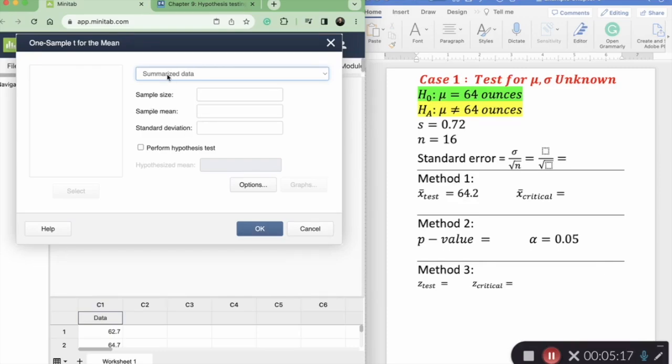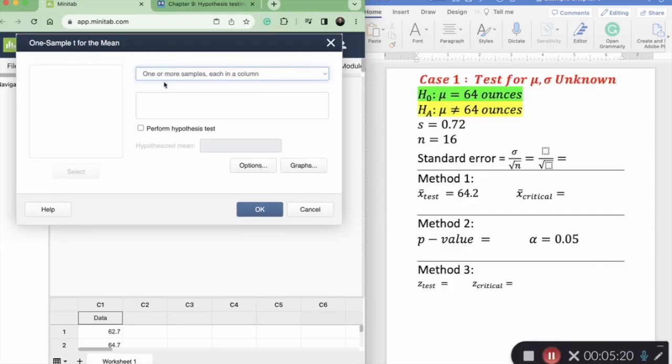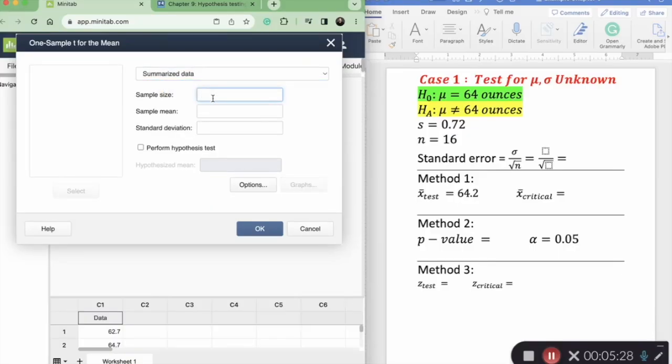But because I have the raw data, I can use it. If you don't have the raw data, you can use the other option. Make sense? I can place 16 as the sample size, sample mean 64.2, sample standard deviation 0.72, perform hypothesis testing, hypothesized mean 64, options. Let's do both of them, by the way.